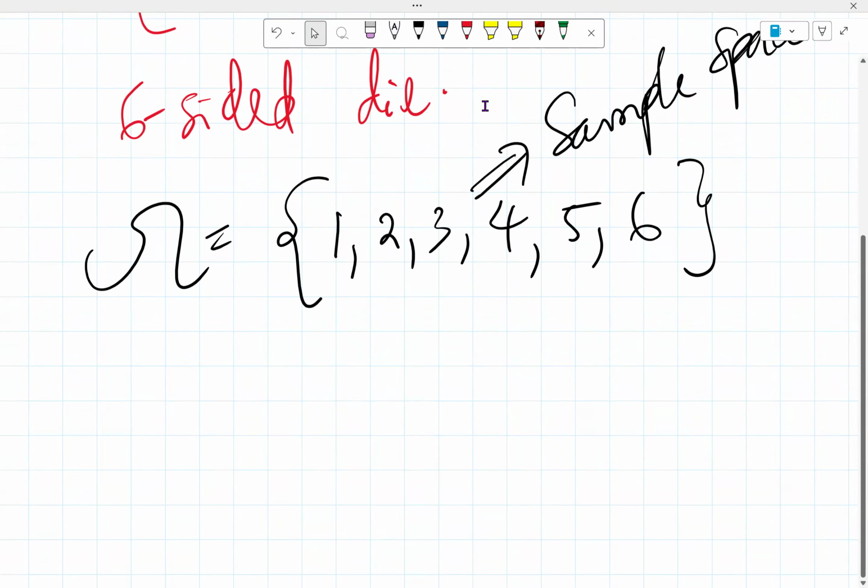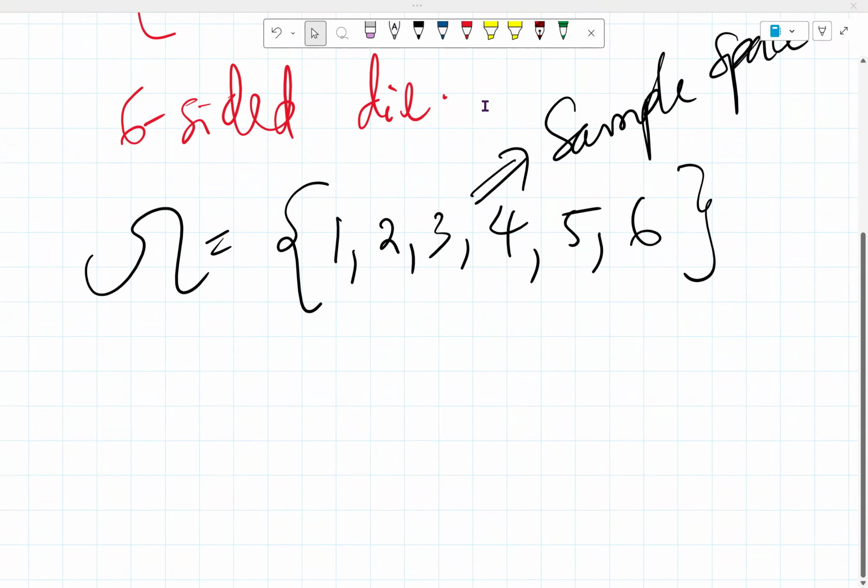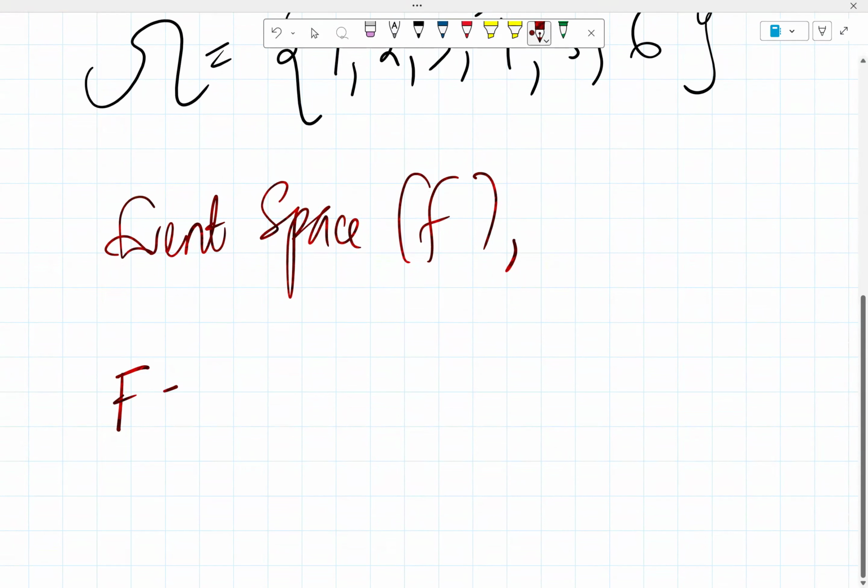So for F now, this is the sample space we've done already. So now we have the event space F. So for the event space F, what do we have? I'll go as much as I can go and stop at some point. So we can have the empty set where nothing is there.